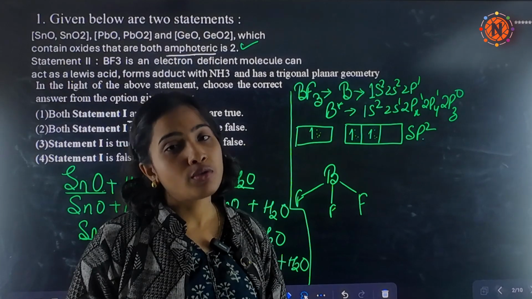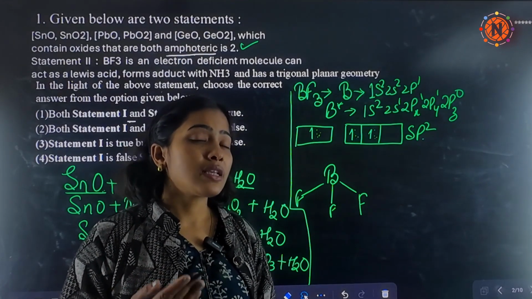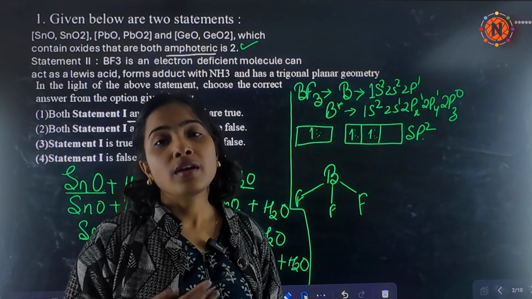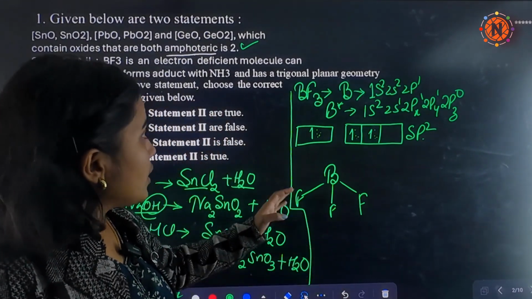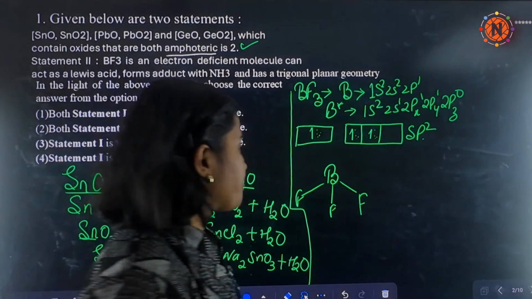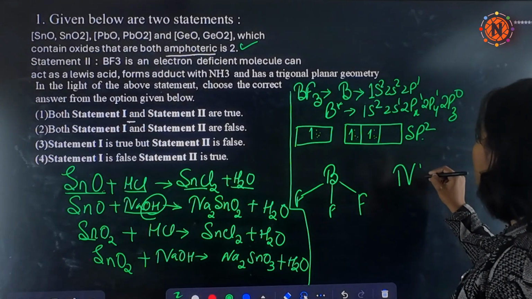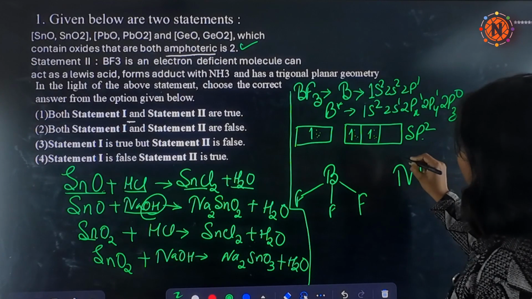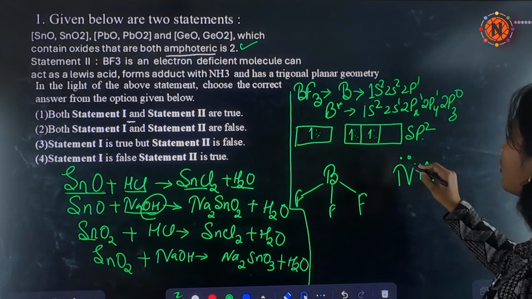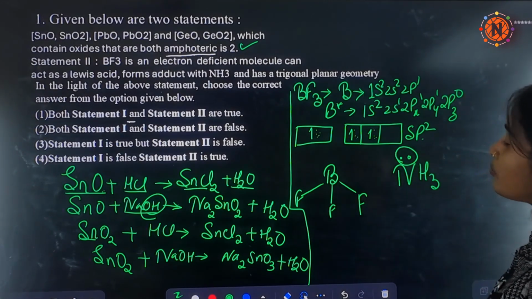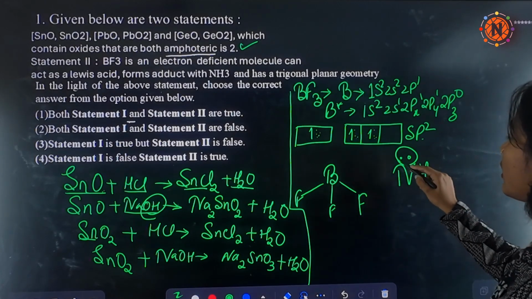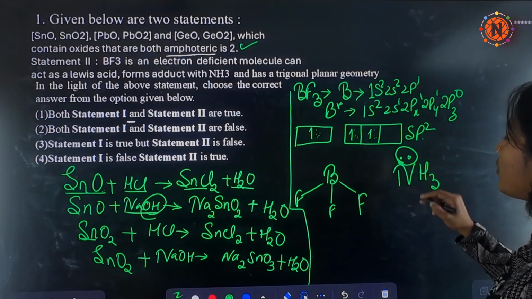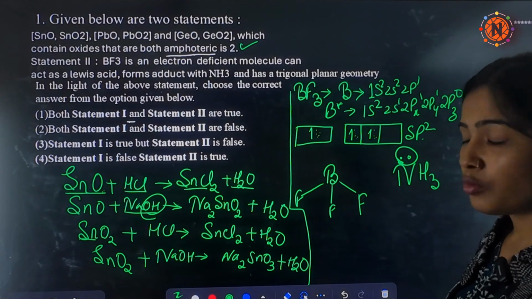Who will provide those 2 electrons? The one which is electron pair rich. Here, if you see ammonia, it is a molecule where there is a lone pair which is free to make a bond.